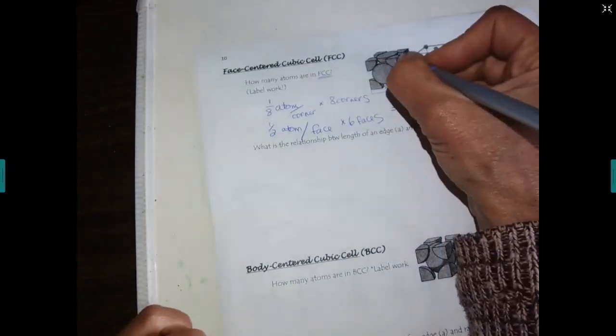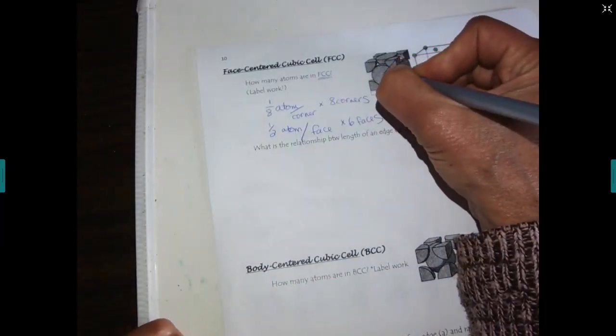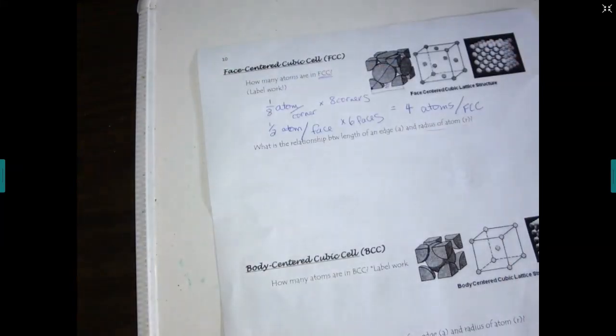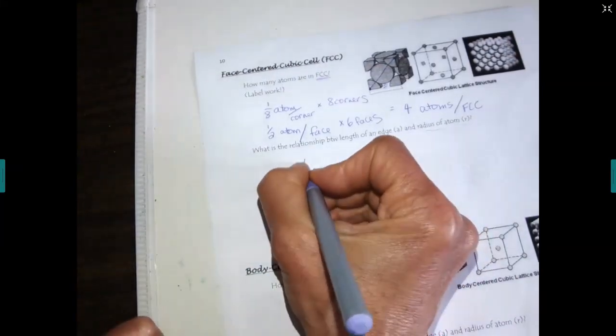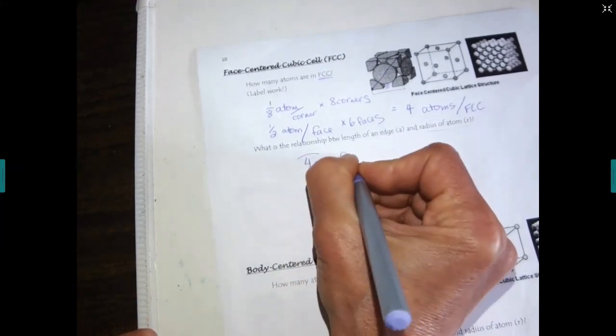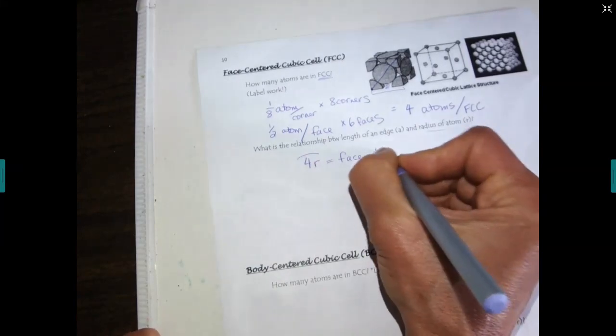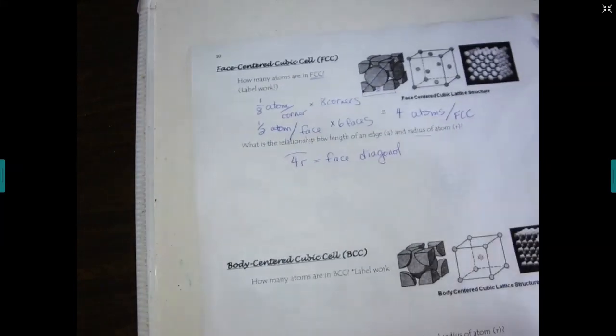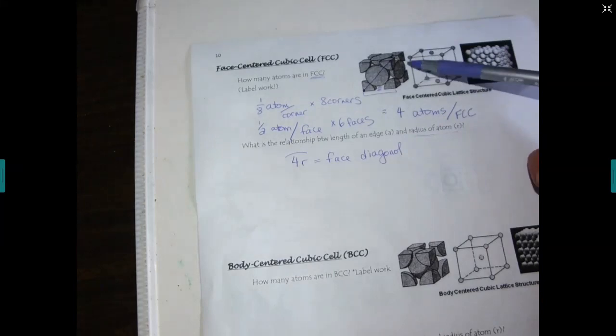Where they touch is this diagonal here, the atoms touch. And we actually have 4 radiuses along what I'm going to call the face diagonal. Okay, I don't know how you spell diagonal. So you're seeing my writing and spelling abilities here.